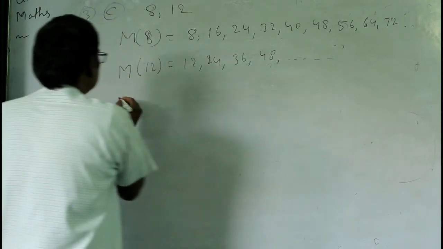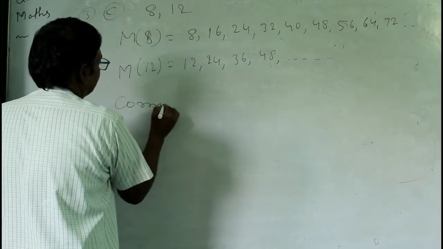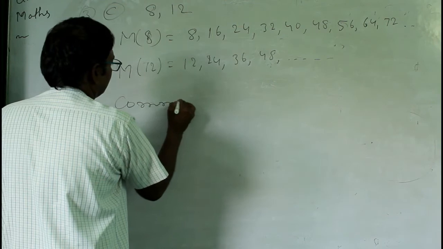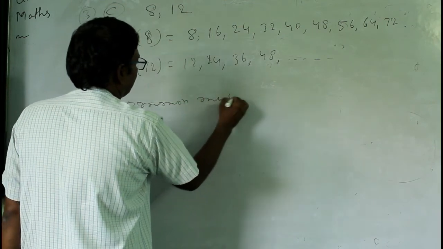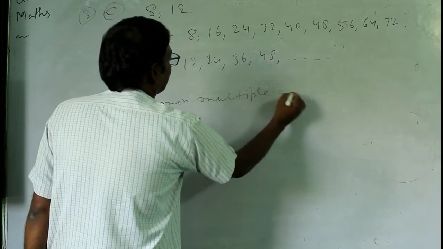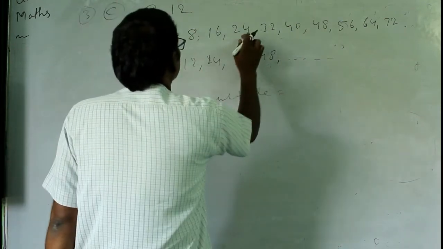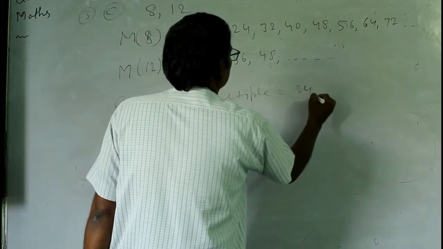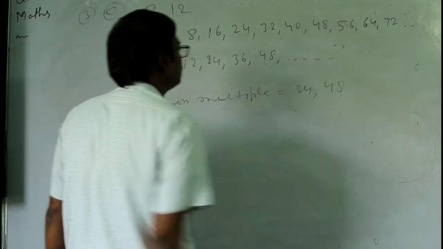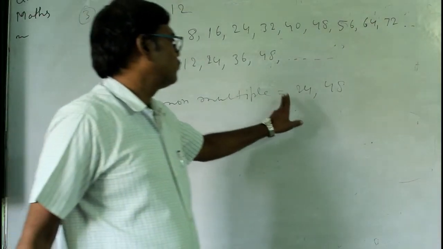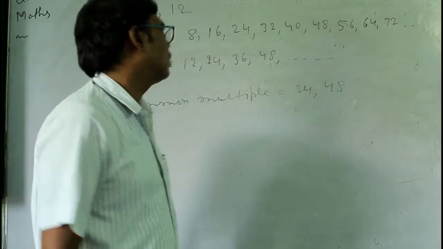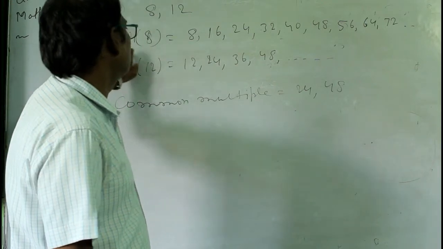Now see that the common multiples are equal to 24 and 48. Okay, these are the first 2 common multiples of 8 and 12. Okay.